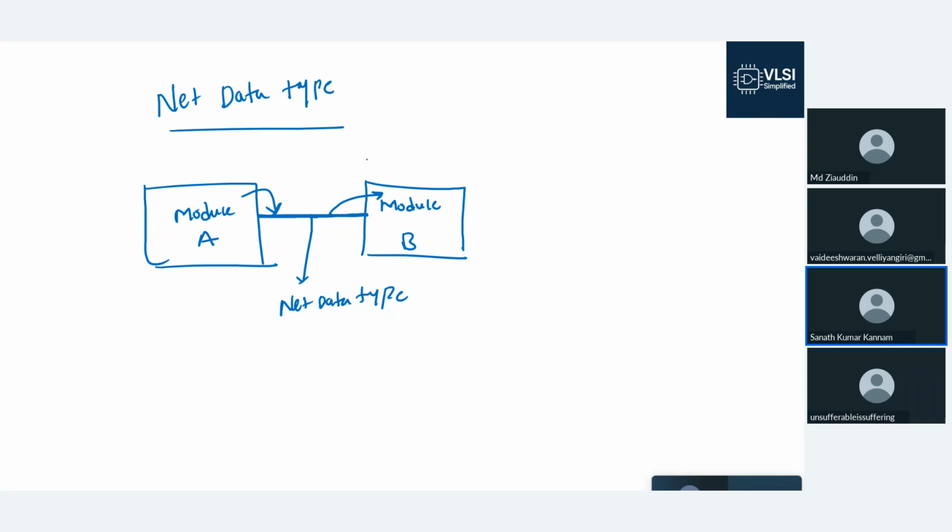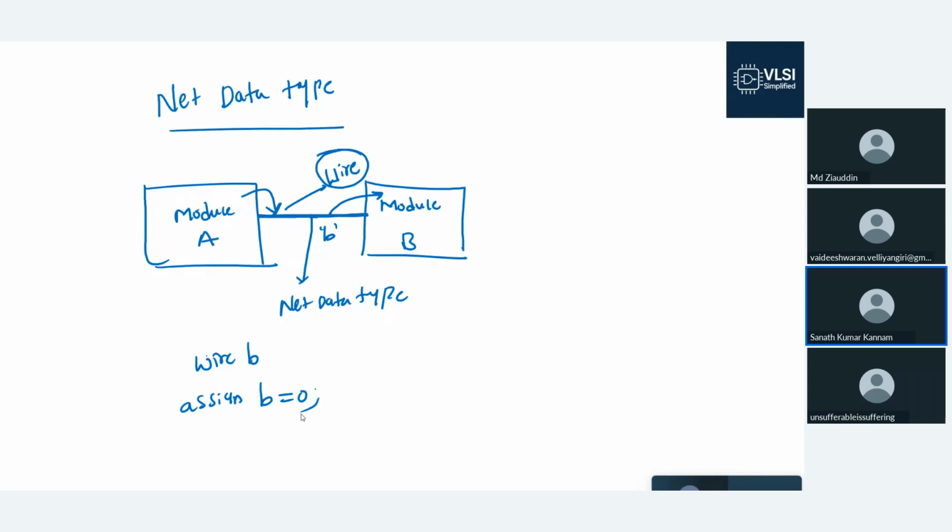For this purpose, we need to connect a wire. In net data type there are three types: wire, wor, and wand. Here we can initialize the wire data type. Suppose we are initializing some variable b. So wire b, you need to use the keyword assign, b equal to 0.